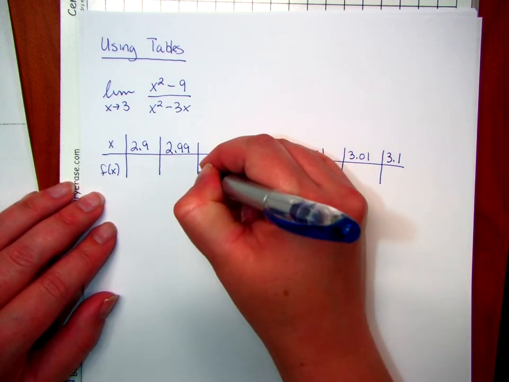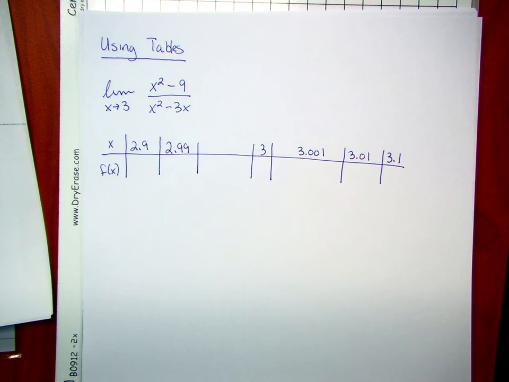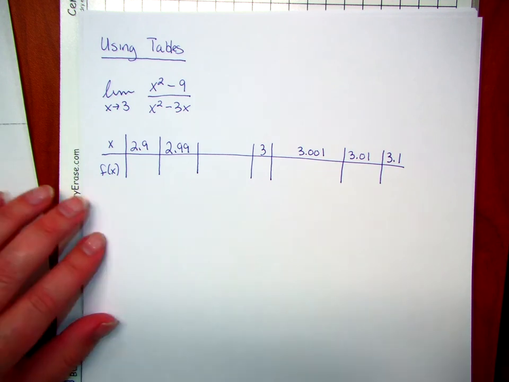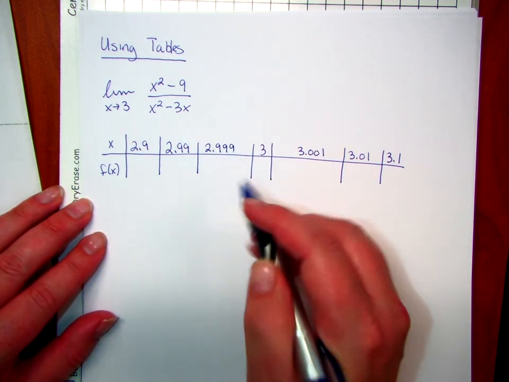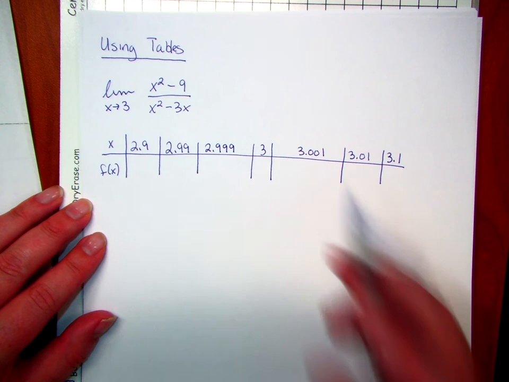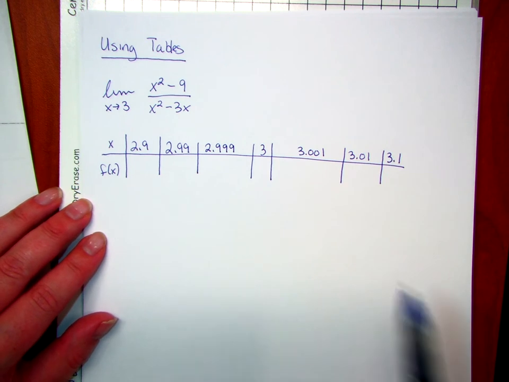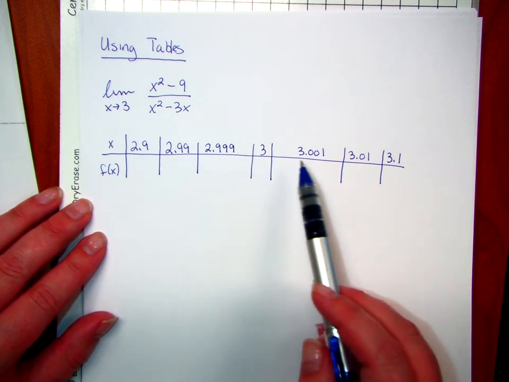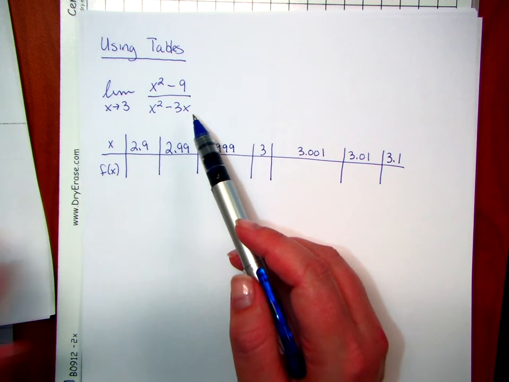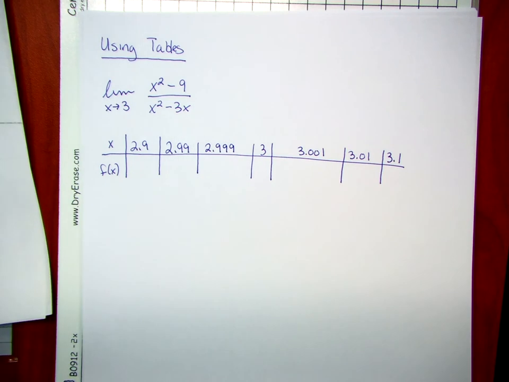And then I'm going to get one factor closer to 3 by adding another 9, 2.999. This is 1/1000th away from 3. And so what I'm going to do is plug these decimals into the function. I like to use the calculator to do this because it's much faster.